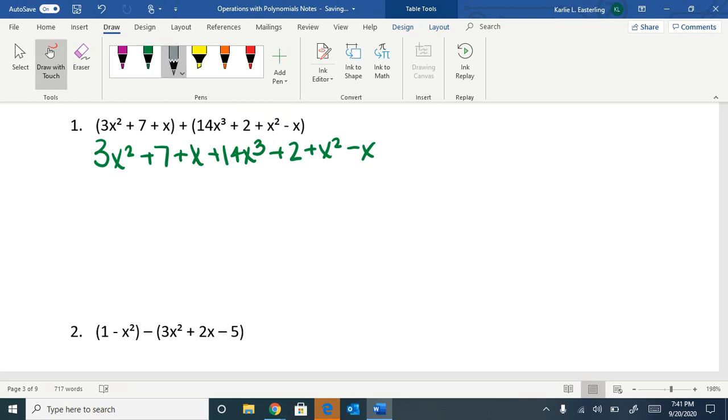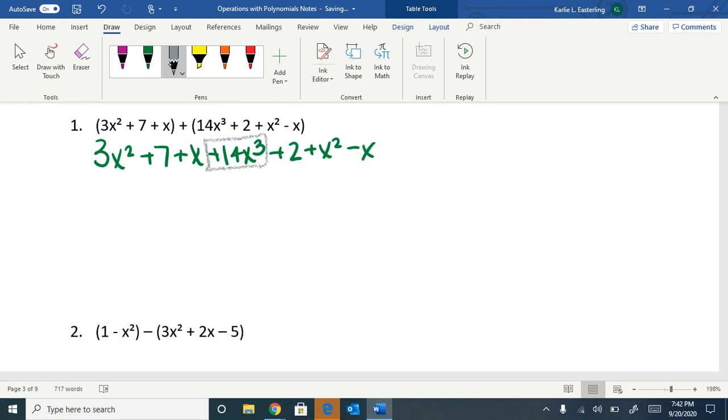Now, something that I like to do as well is draw boxes or circles around my like terms so that I can visually see what I'm doing. My highest term here is going to be that 14x cubed, so I'm going to draw a box around it. Actually, I'm going to have my box include my variable that is out front because that is a part of that term.